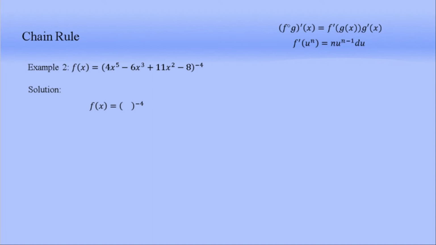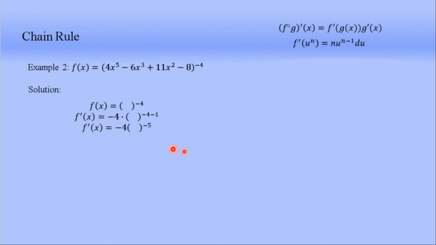Again, we're going to first find the derivative of the first function, which is raised to the negative fourth power. Then we're going to apply the power rule for negative integers. That is to bring down negative 4 times this raised to negative 4 minus 1.